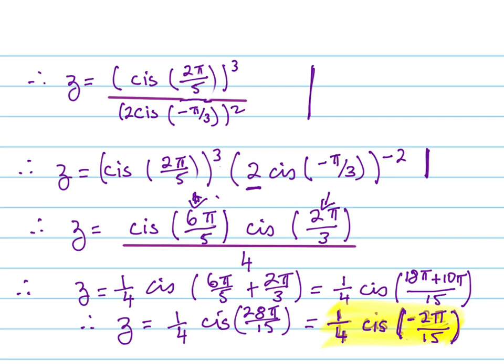We know that we simply add the arguments, so that explains this line here, and tidying up, I reach the conclusion that z is equal to a quarter cis negative 2 pi on 15. Remember, I want to express my argument in the domain negative pi to pi.